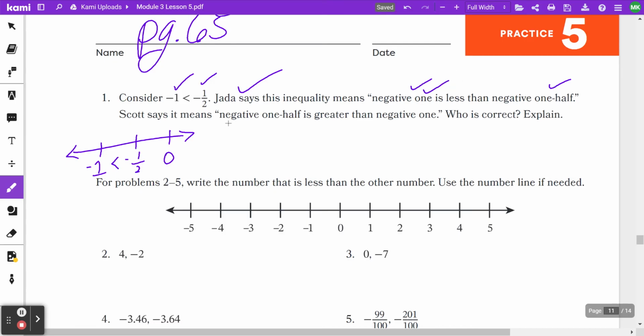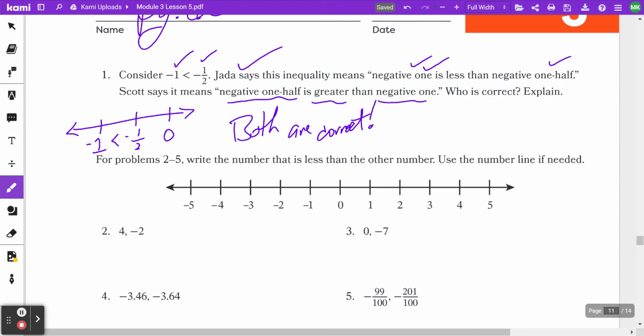And Scott says -1/2 is greater than -1. Well, they're both right. Both are correct. The other one just reversed it.